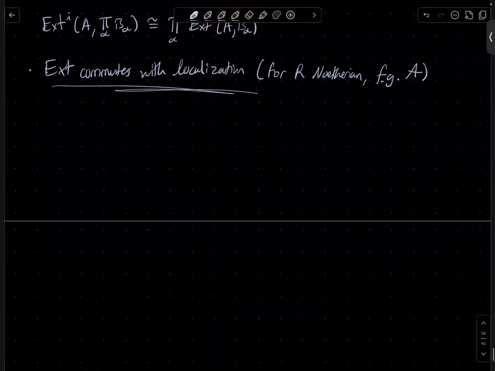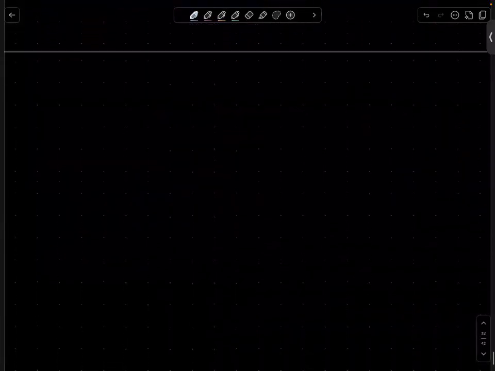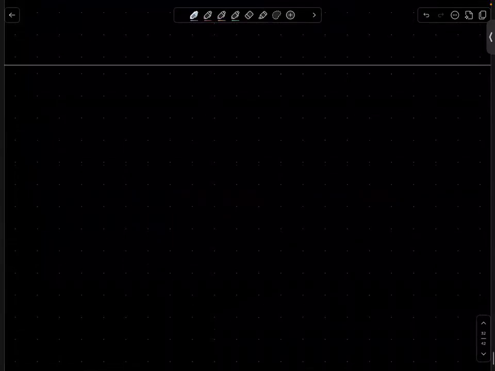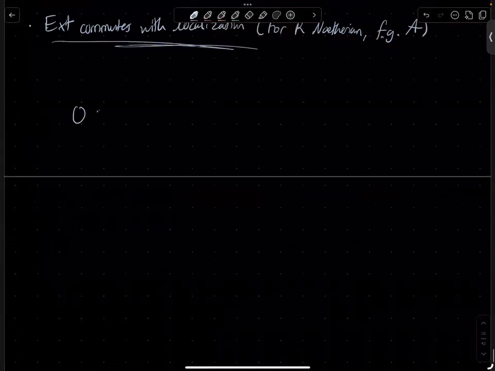So at the beginning, I hinted that there may be something like this, right? If you had a short exact sequence 0, A, B, C, 0, and you apply the Hom functor, you might just get, right? Because it's only left exact.